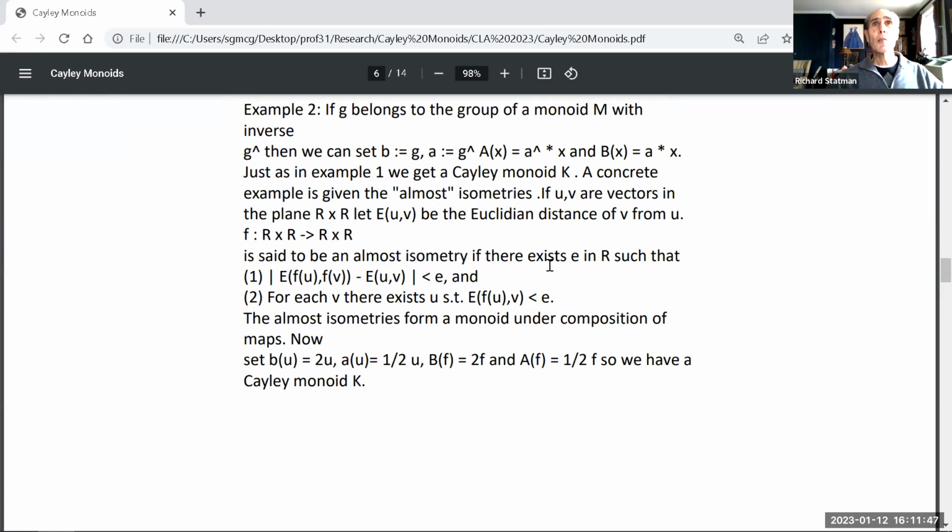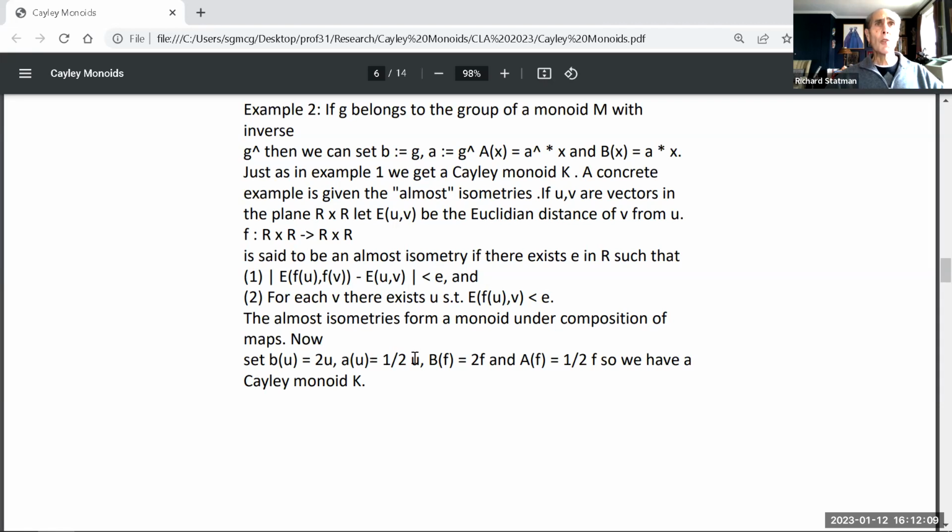That is, there's an epsilon such that the values are not too far away from the arguments, and it's almost onto. You need that, of course, in the case of almostness. You don't need that in the case of being an isometry. The almost isometries form a monoid under composition. That's quite easy to verify. It's got a very big group.